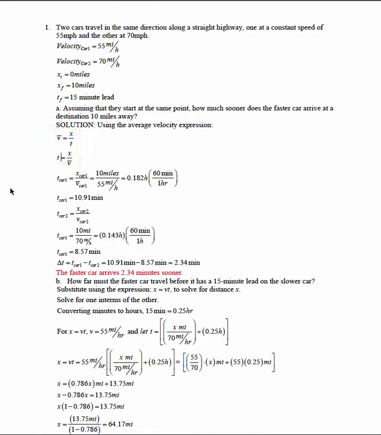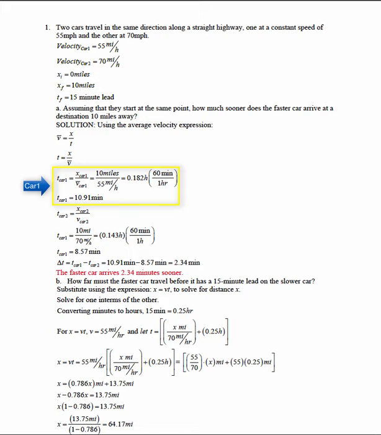So let's take a look at the time for car 1. Using the expression x divided by the average velocity, the distance for car 1 of 10 miles at its average velocity of 55 miles per hour gives us 0.182 hours, which we're going to convert to minutes.